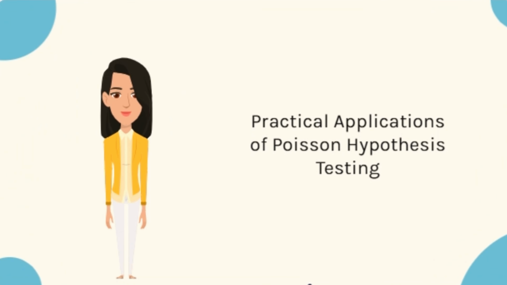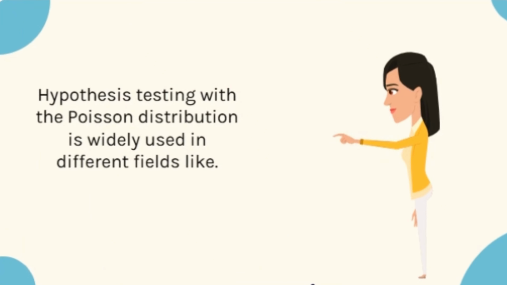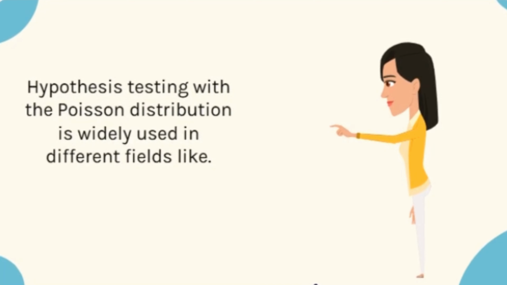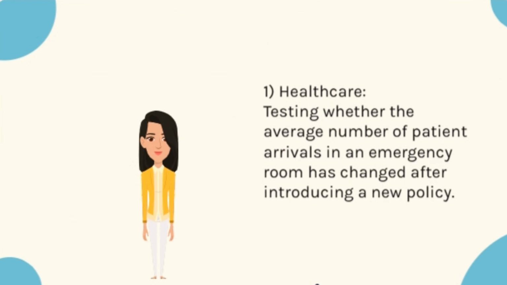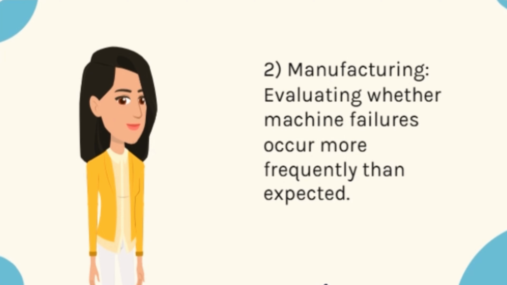Practical applications of Poisson hypothesis testing. Hypothesis testing with the Poisson distribution is widely used in different fields. Healthcare: testing whether the average number of patient arrivals in an emergency room has changed after introducing a new policy. Manufacturing: evaluating whether machine failures occur more frequently than expected.